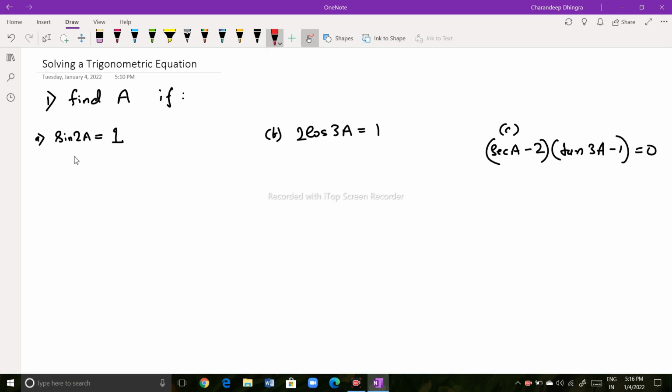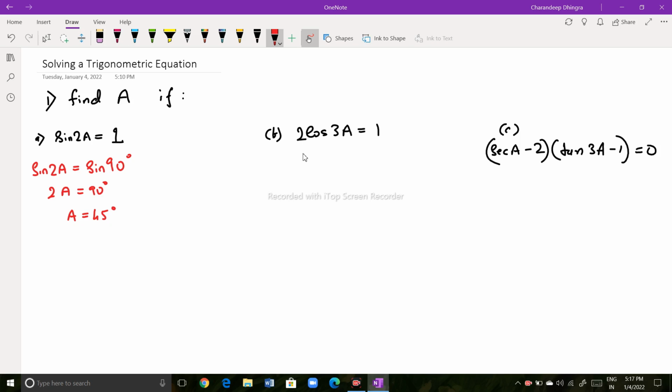So the first one, sine 2a is equal to 1. So I can say sine 2a is in fact equal to sine of 90 degrees. So that means 2a is equal to 90 degrees. So a is equal to 45 degrees. So we got the value of a.